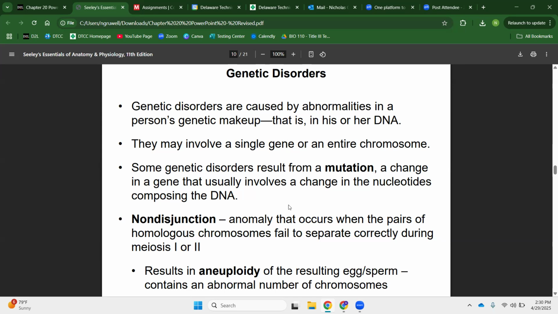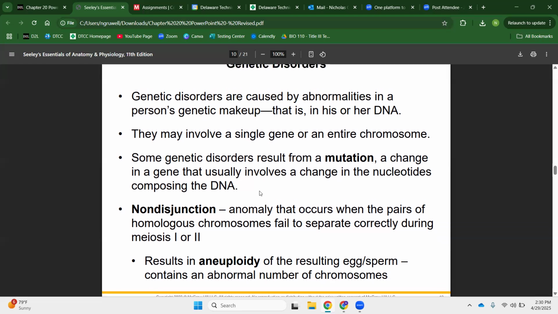A lot of genetic disorders result from what we call a mutation. This is a change in the DNA that usually involves a change in a letter of the recipe. As things were getting copied over, there was some kind of mistake in the transcription or translation. And now we have the wrong recipe, which means we're going to make the wrong protein.